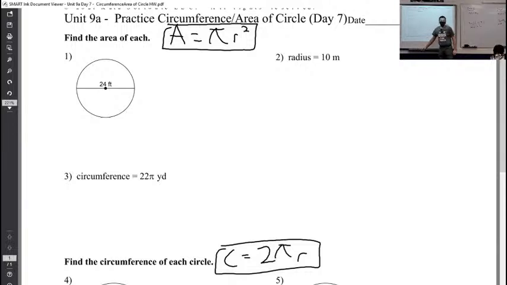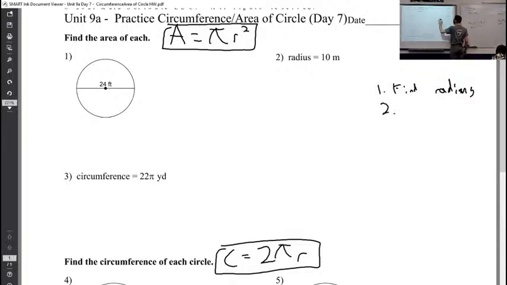In all of these problems, they're pretty straightforward. If we're getting the area, all we need is the radius. So basically the steps are, if you want steps, step 1 is find the radius. This is the step that's going to be different depending on the problem. Sometimes the radius is just going to be given to us. Sometimes we'll have to use something else to figure out the radius and solve for it.